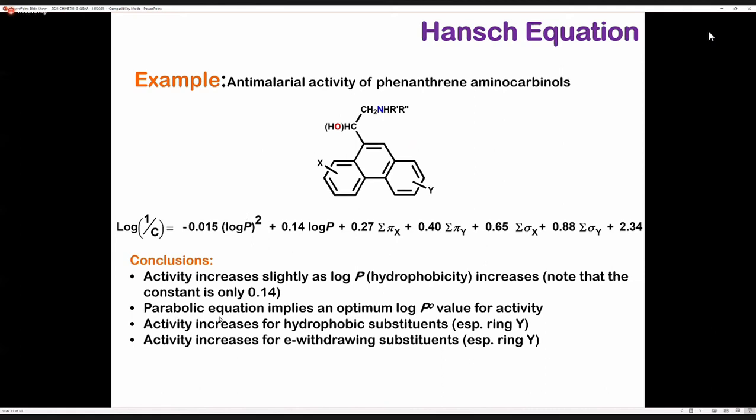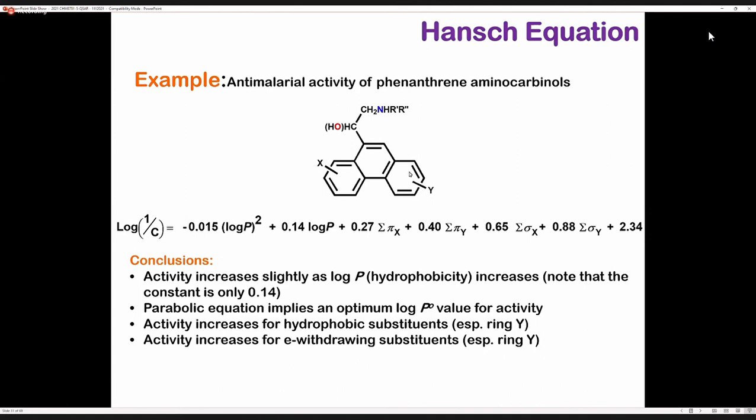Hydrophobic increases, right? Parabolic equation implies optimal log P, not a value of activity. Activity increases for hydrophobic substituent, especially for ring Y. Activity increases for electron withdrawing substituent, especially for ring Y.